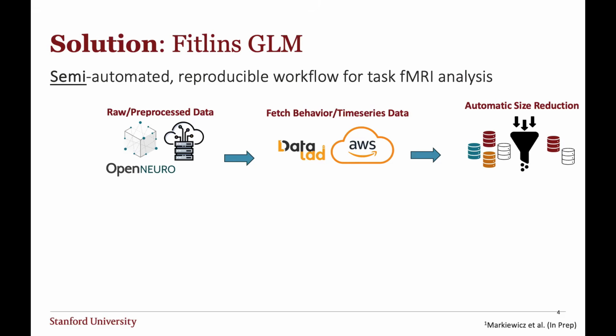So you don't need ICA-AROMA regressed NIfTI files, and you may want to exclude those. There's also FreeSurfer stuff you may not be interested in, or some kind of fsaverage surface-based outputs. And so the pipeline facilitates exclusion of file names and folder types to automatically not pull them down. So you save on space, and I'll give an example later.